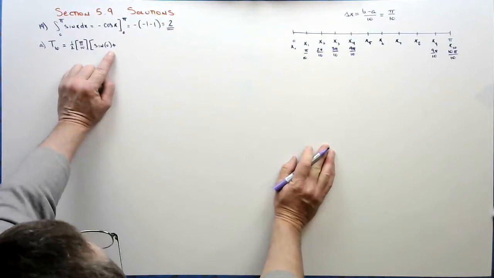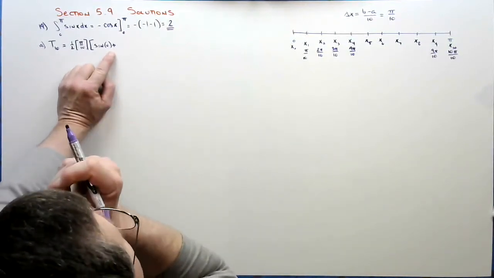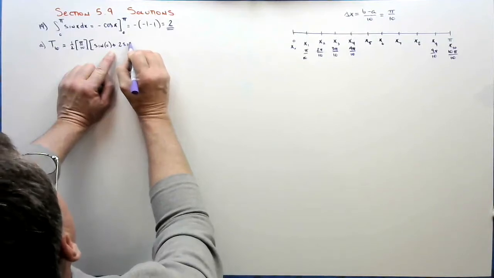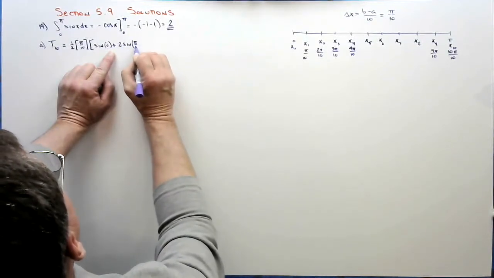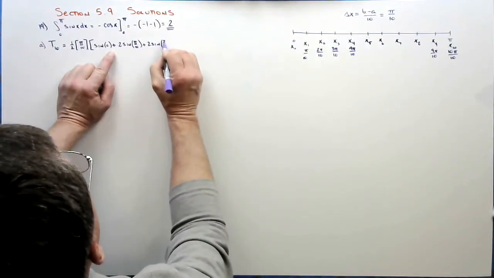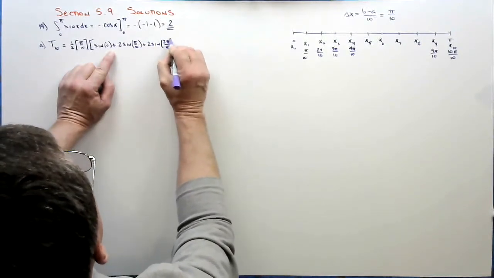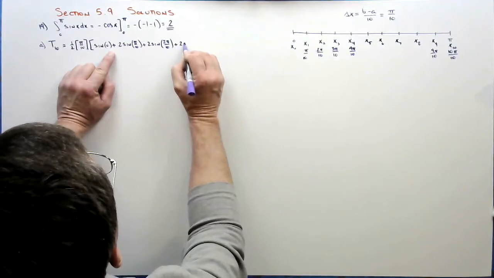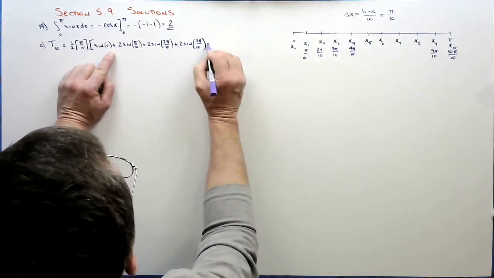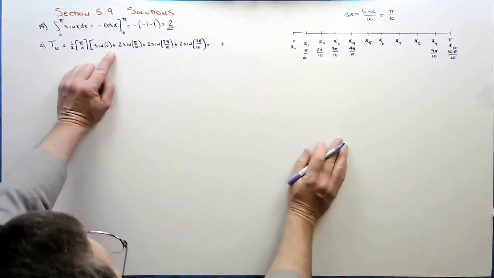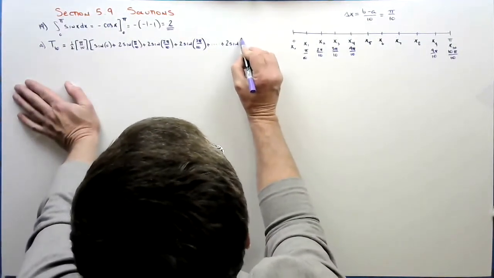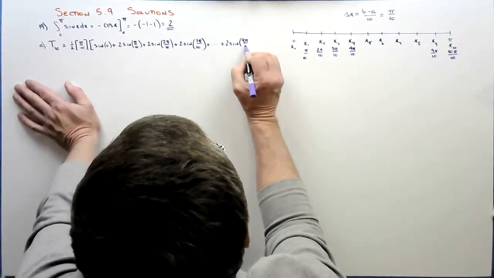And then, because we're using the trapezoid rule, right, our interior points are all multiplied by 2. So that's going to be 2 sine pi over 10 plus 2 sine 2 pi over 10 plus 2 sine 3 pi over 10 plus, and it's going to keep going like that until we get 2 sine 9 pi over 10, right?